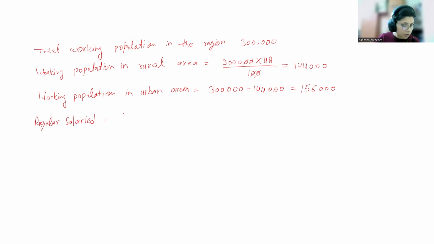Regular in urban is equal to 48% of the total urban population, that is 156,000 into 48 upon 100. Again, 0 will get cancelled with 0. This multiplication gives 74,880. This is the regular salaried in urban area.